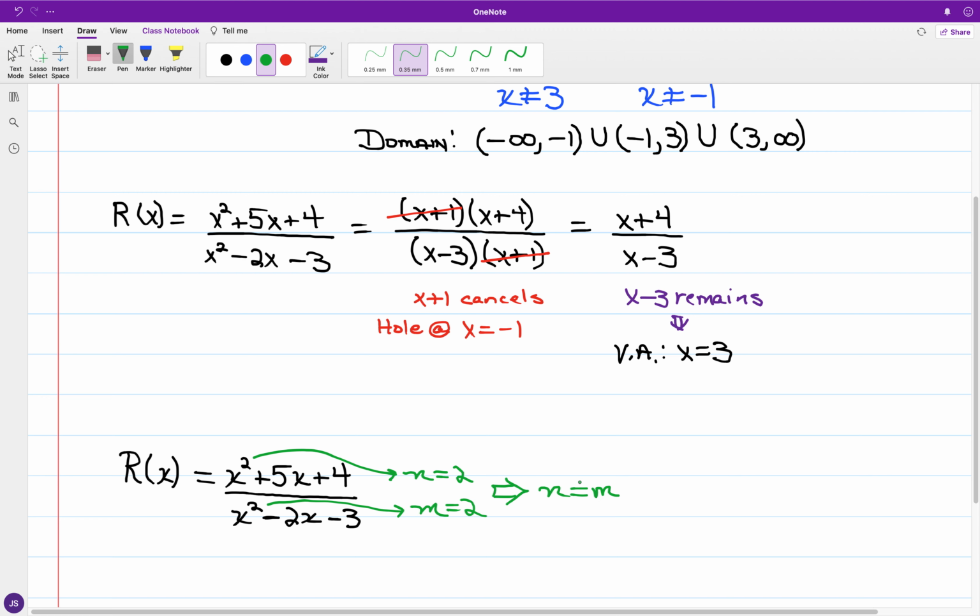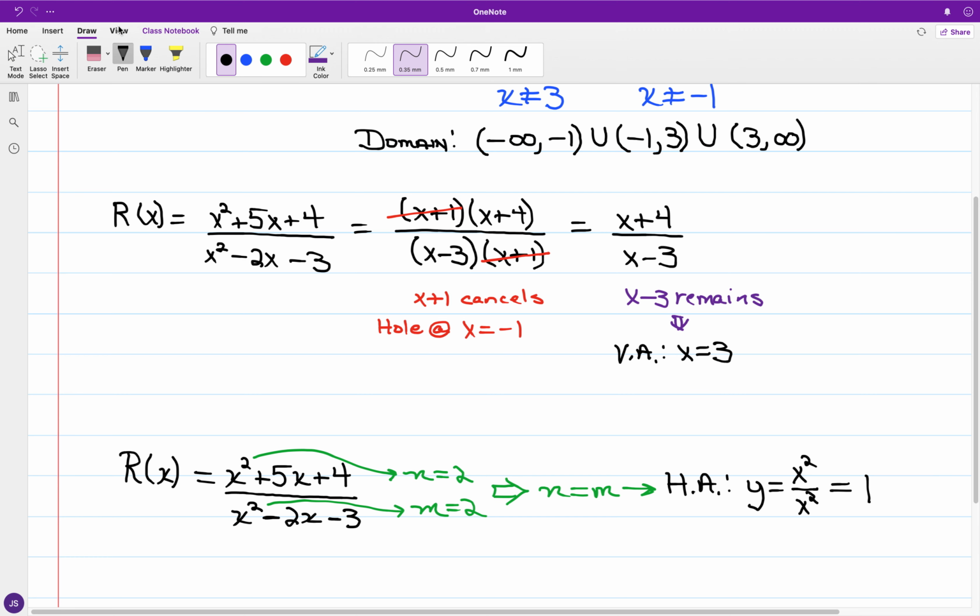If n is less than m, or if n is equal to m, we're going to end up with a horizontal asymptote. For the horizontal asymptote, y is equal to a constant that results from taking the ratio of the highest degree terms from the numerator and denominator. These are identical: x squared over x squared reduces to 1.